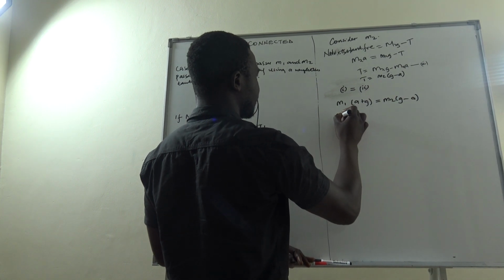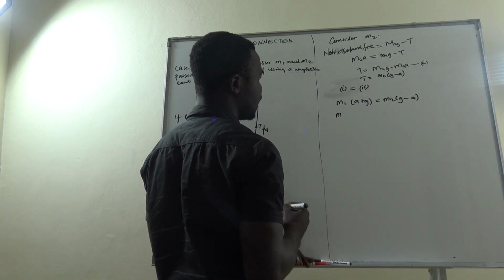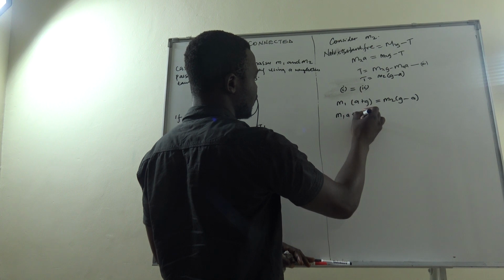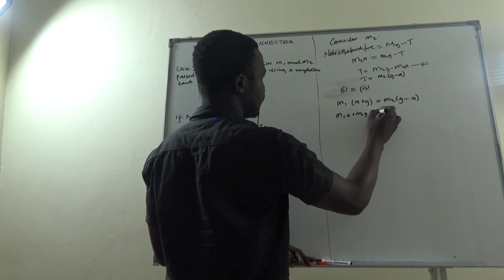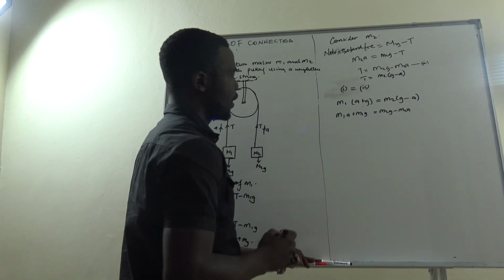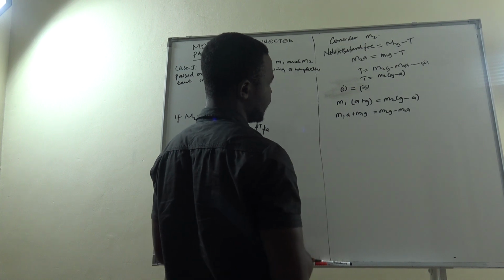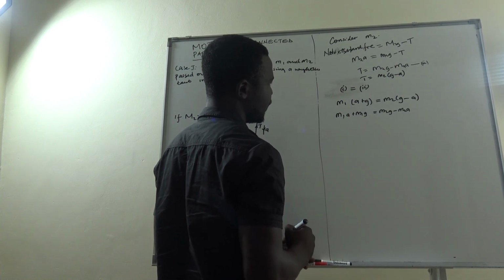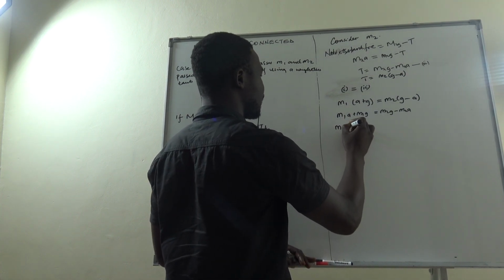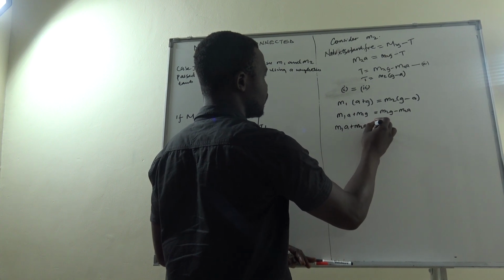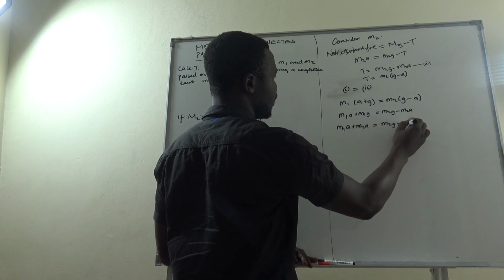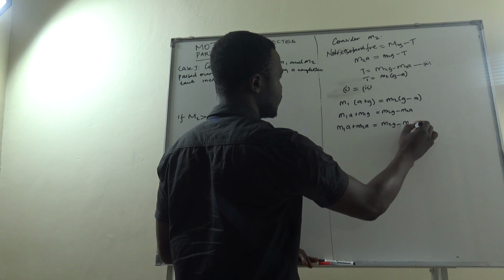Now let us open the bracket. This is M1A plus M1G equal to M2G minus M2A. Now, what do we do? Let us collect the A's on one side and the G's on one side. So when this one comes this side, this becomes M1A plus M2A, which is equal to M2G minus M1G.